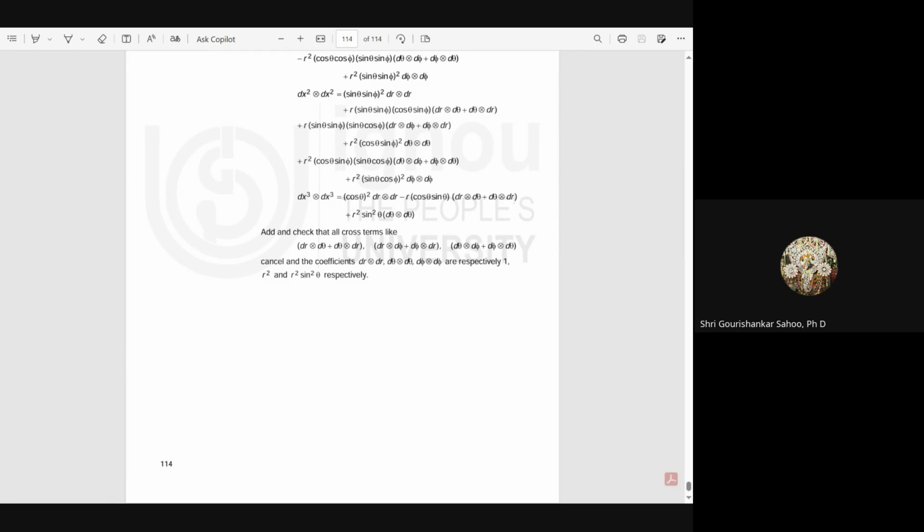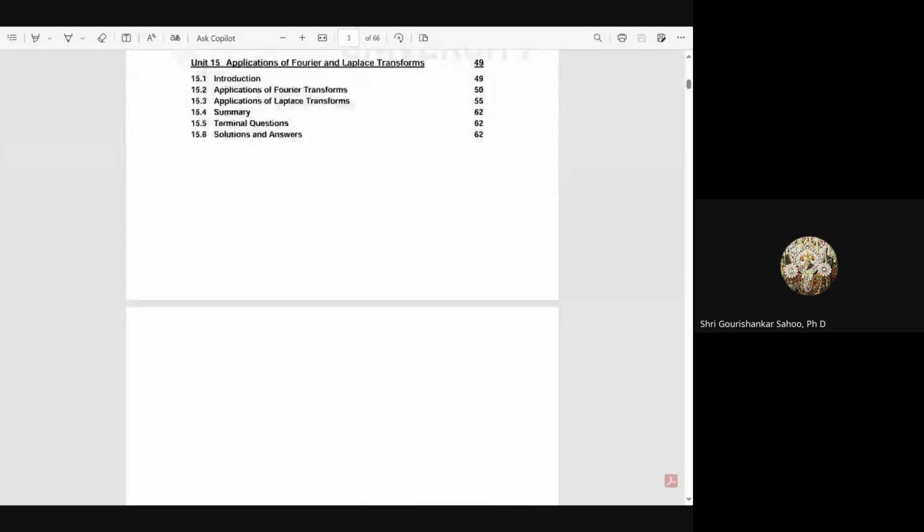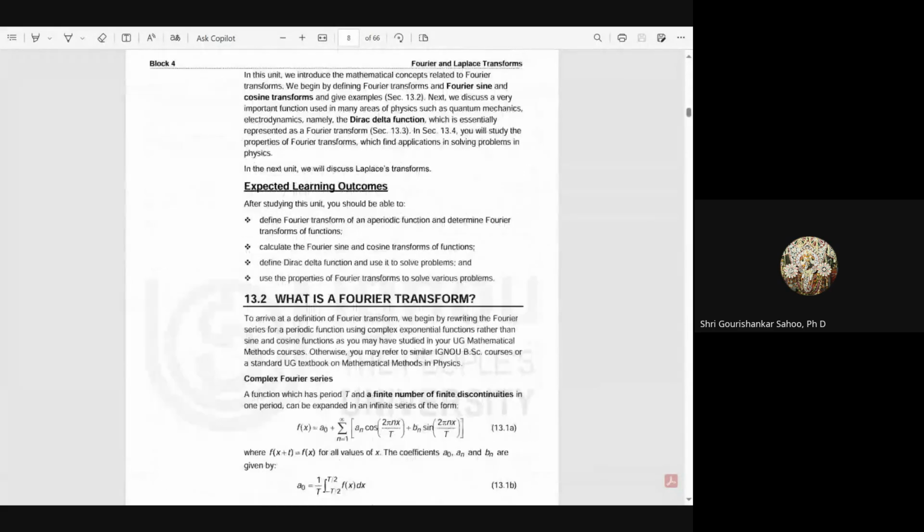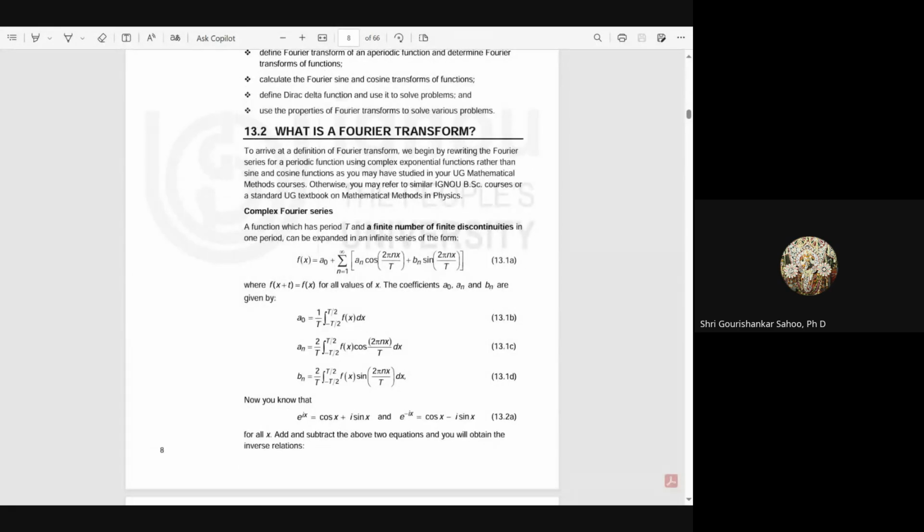You can see in the screen. So this is very much important in electronics and some other fields of application. So what is a Fourier transform?